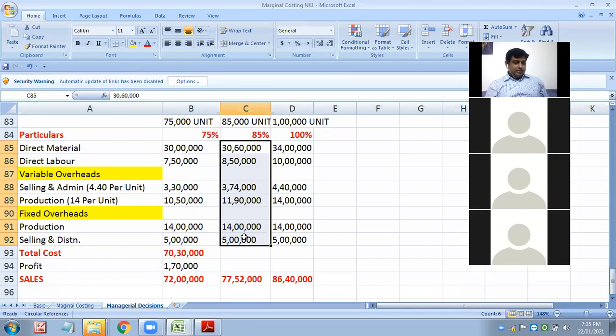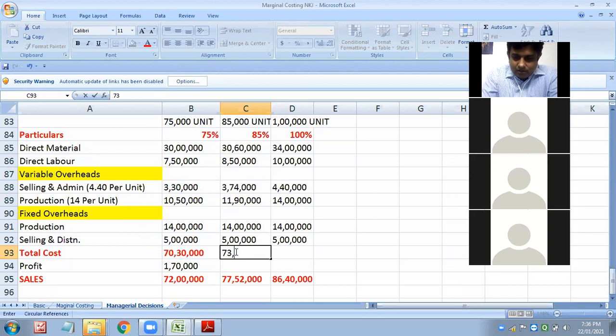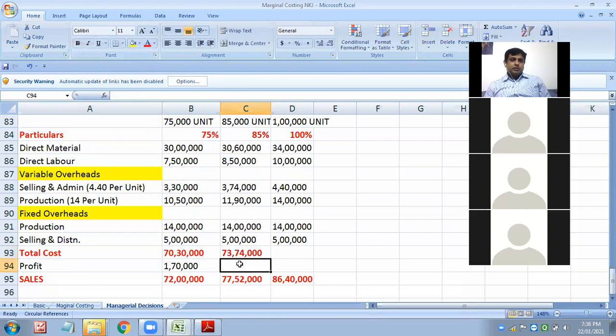How can it be 7 lakh, dear? My cost is 73 lakh 74,000. Sorry, sir, 73 lakh 74,000. So then the profit is 3 lakh 78,000.